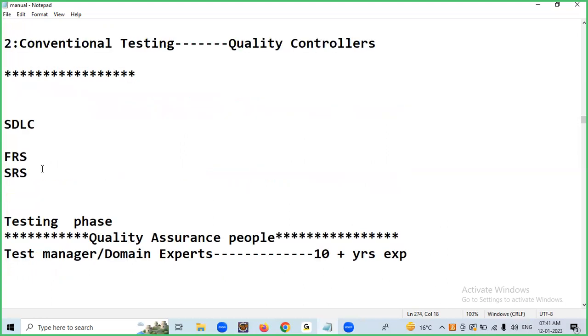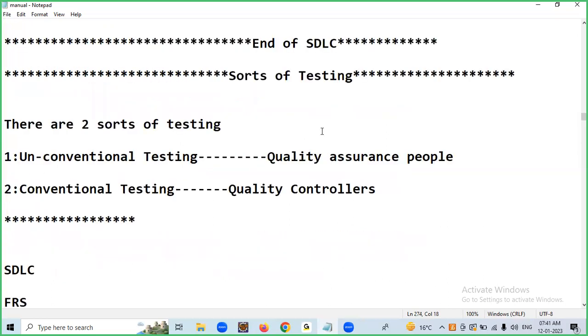Quality assurance people doing testing, that kind of testing we can call unconventional testing. Whereas quality controllers are doing testing, that kind of testing we can call conventional testing.